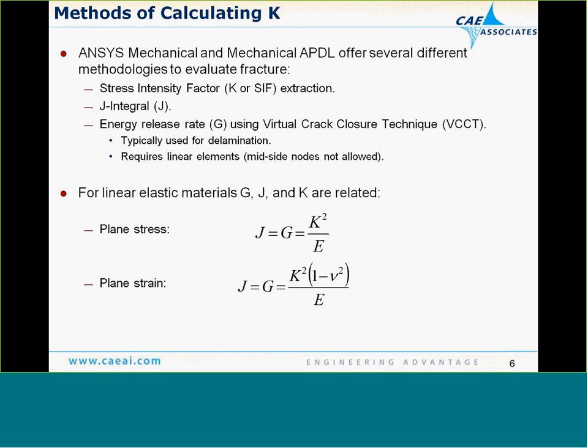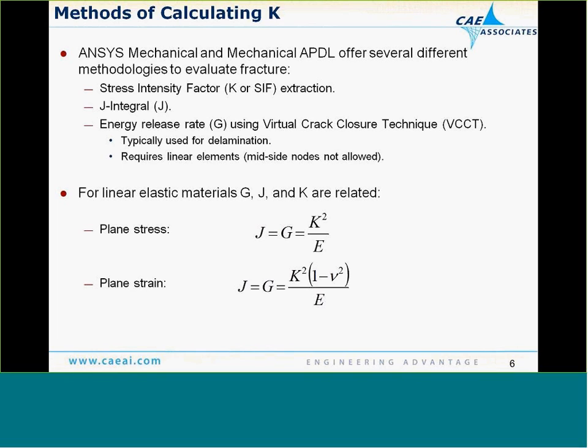ANSYS Mechanical, and of course this is available in APDL as well, allows you to calculate the stress intensity factor directly, or you can obtain the J integral or the energy release rate using the virtual crack closure technique. These are now all available both in Workbench, like I said, and Mechanical APDL.